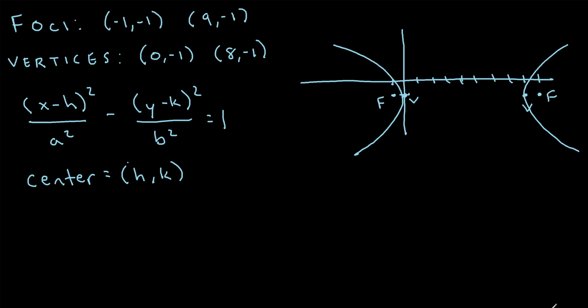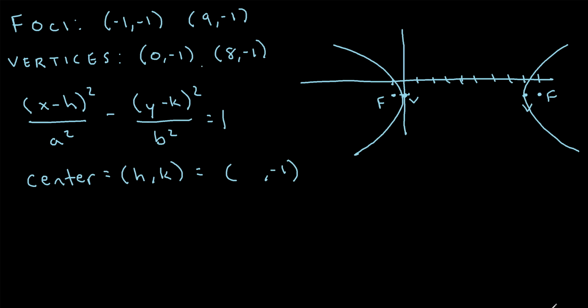To identify the center, we just have to know that it falls directly in between both the foci and the vertices. So if we take the average values of either of these, we can find the center. For example, the vertices have coordinates (0, -1) and (8, -1). So we know that the center will also have a y coordinate of -1 because it has to fall on this same horizontal line as the vertices.